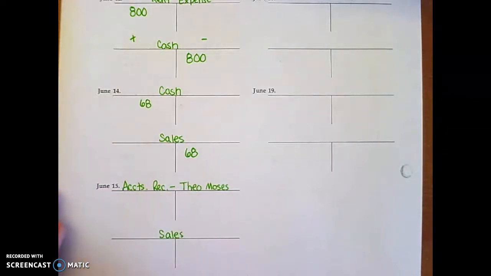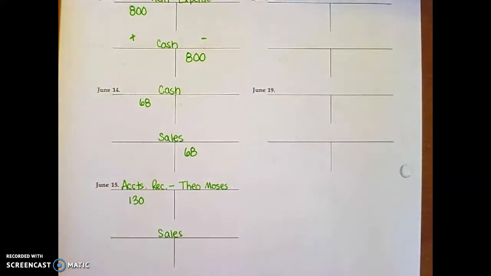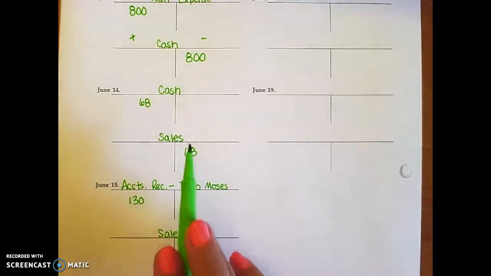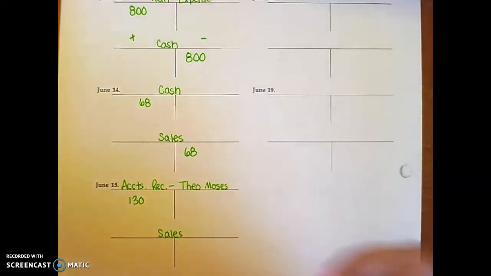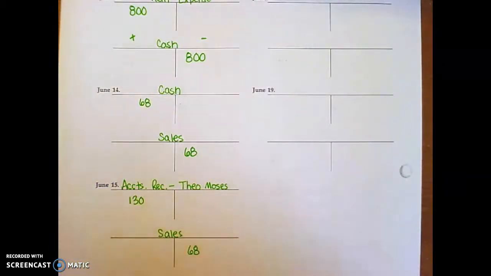Accounts receivable is an asset account and it's increased with a debit. So the amount that he owes us is increasing, so he will receive a debit of $130. And we made a sale just like with cash previously, however this one's on account. Sales is increasing and sales increases with a credit.